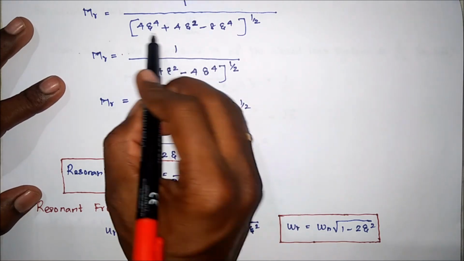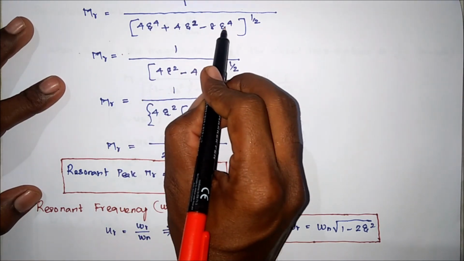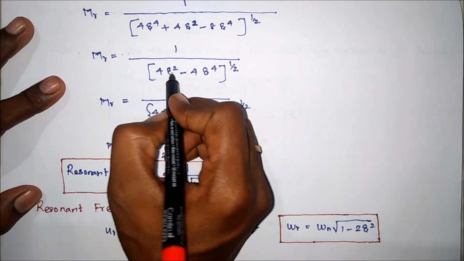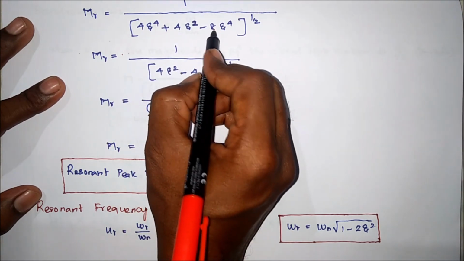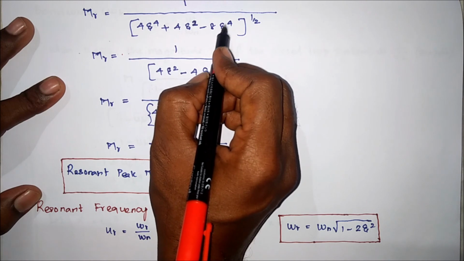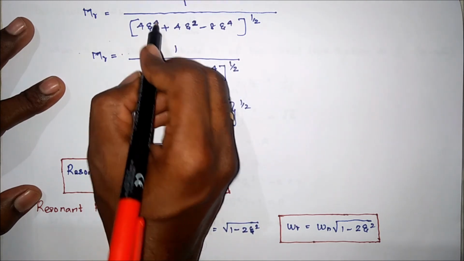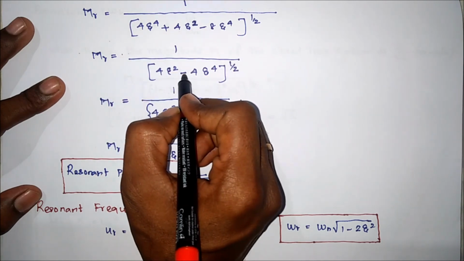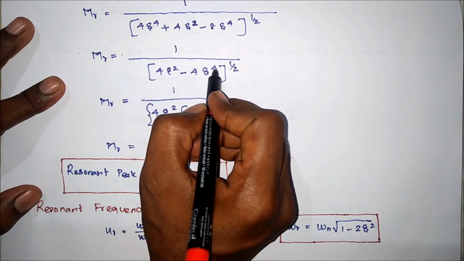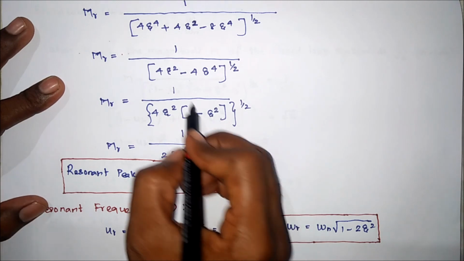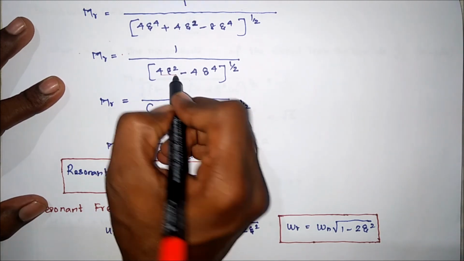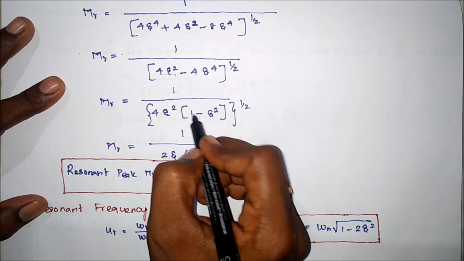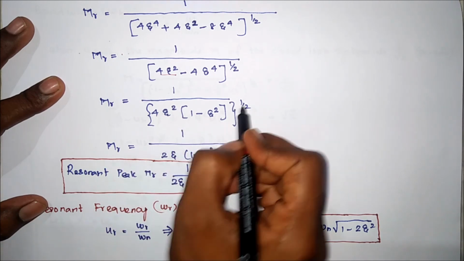So from this, here eta power 4, here eta power 4. So now this will become 4 eta square minus here 8 eta power 4, here 4 eta power 4. So if you add these two it will become minus 4 eta power 4, whole power 1 by 2. So now from this we can take 4 eta square as common. So 4 eta square into 1 minus eta square, the whole power 1 by 2.